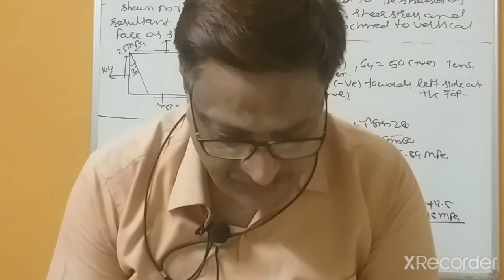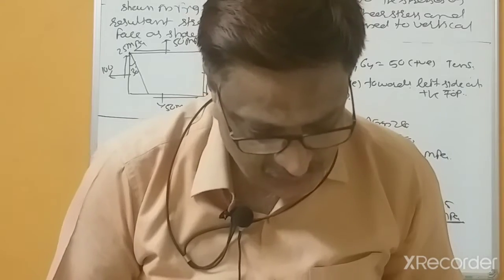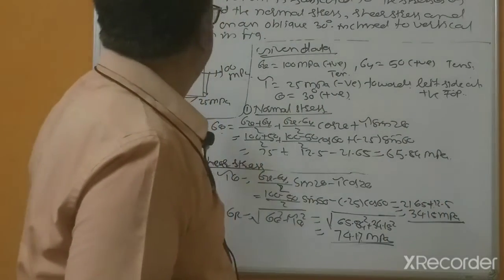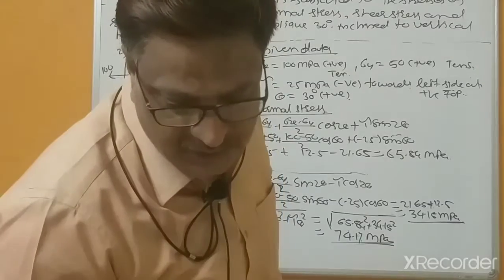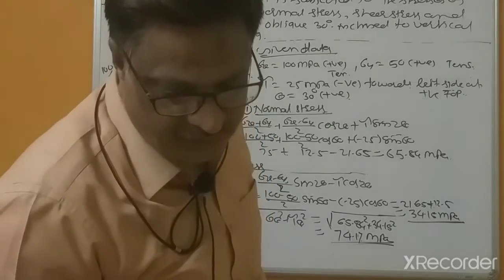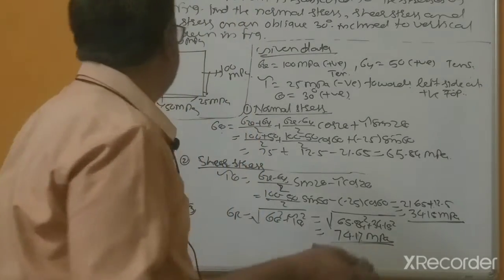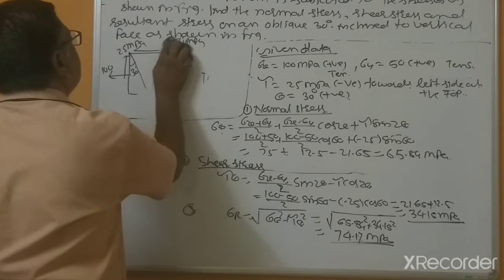A machine component is subjected to stresses as shown in the figure. Find the normal stress, shear stress and resultant stress on a plane inclined to the vertical plane as shown in the figure. So again this is the same wording. Now these figures change.